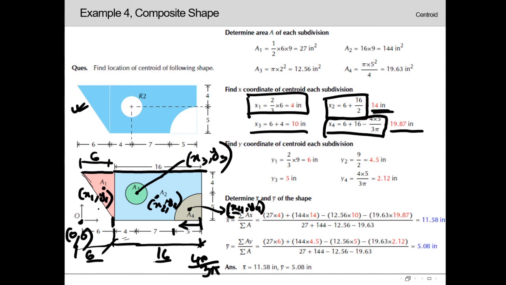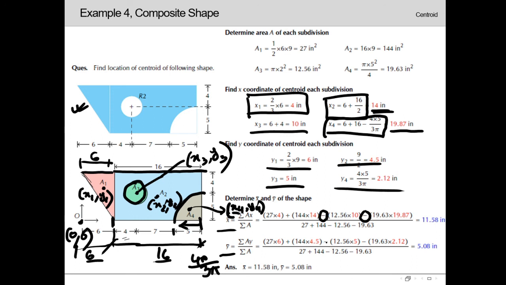Similarly, we will also find the values of y1, y2, y3 and y4. And then we need to apply the formula of x bar and y bar. As we are subtracting this circle and this quarter circle from the entire segment that we have considered over here, we need to denote it with a subtraction sign instead of an addition sign.